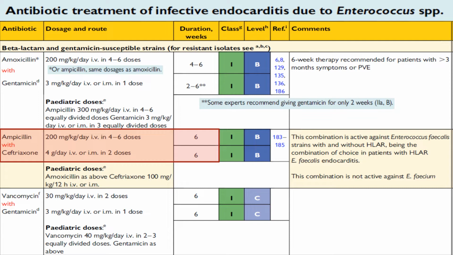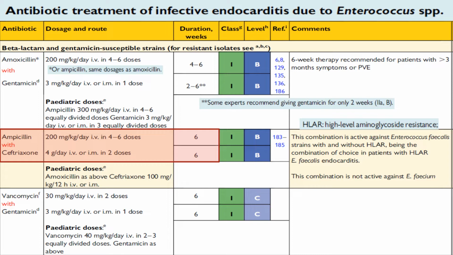Anyway, about aminoglycoside, when you consider gentamicin, you should check with your lab the susceptibility of gentamicin; the lab should test for high-level aminoglycoside resistance. If they test this and report susceptible, you can use gentamicin in combination with ampicillin.